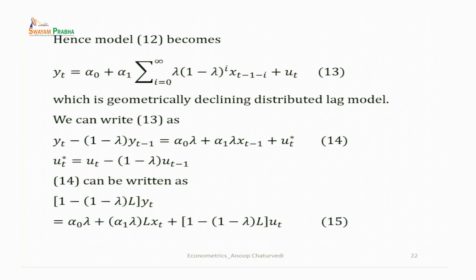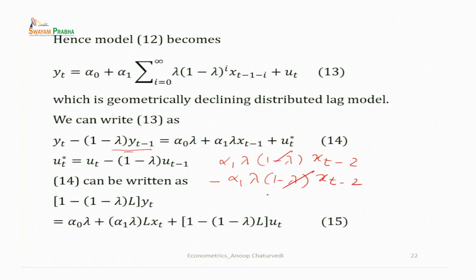The first term for i equal to 0 is x_{t-1}. Now, the second term here is alpha_1 lambda, for i equal to 1 you get (1 minus lambda) x_{t-2}, and when we subtract (1 minus lambda) into y_{t-1}, then the first term of this is alpha_1 lambda (1 minus lambda) x_{t-2}.